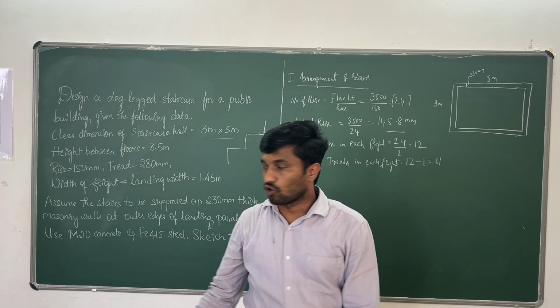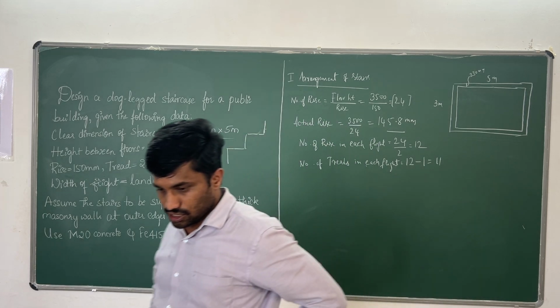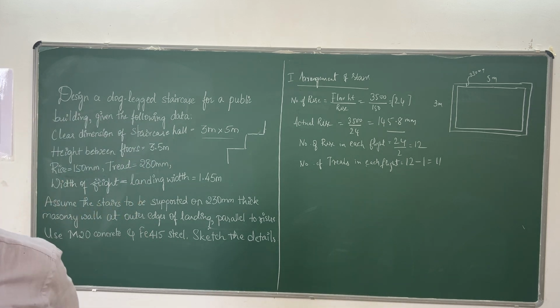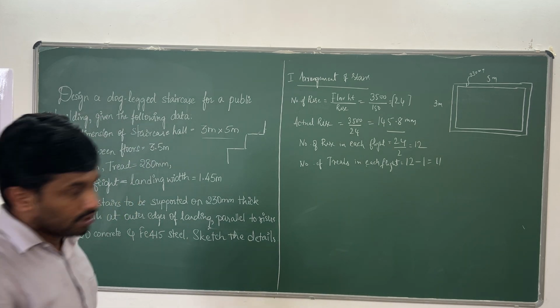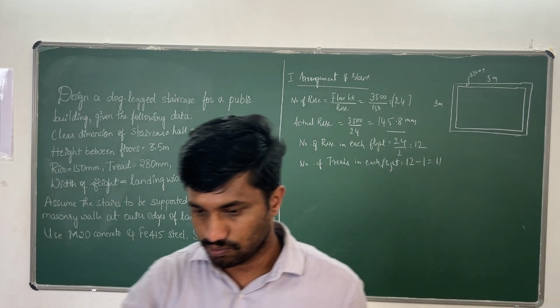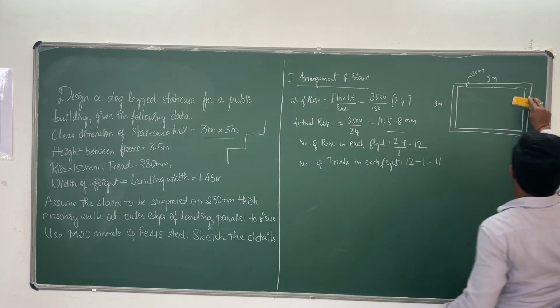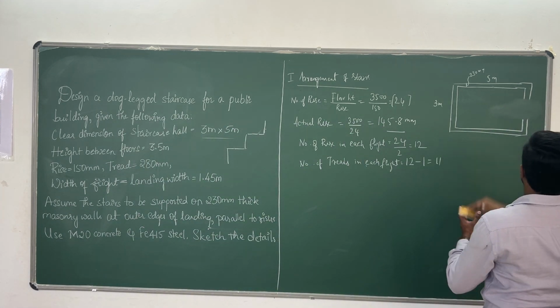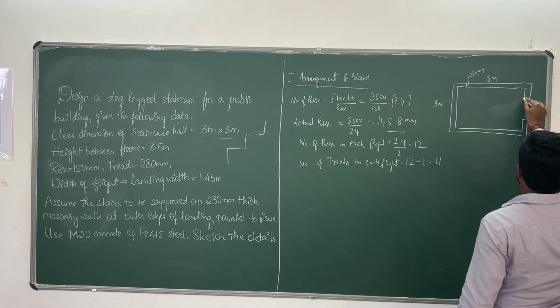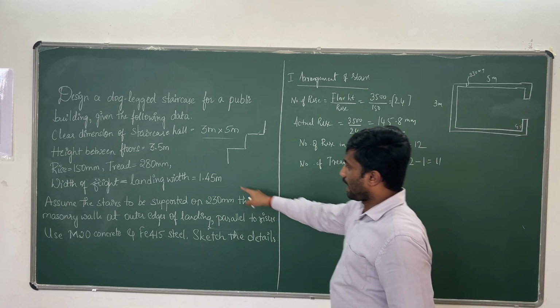Now, in each flight, how many threads are we getting? The first thing is the ground floor. Say this is the opening wall. Say this is the ground floor. Now, what is the landing width?